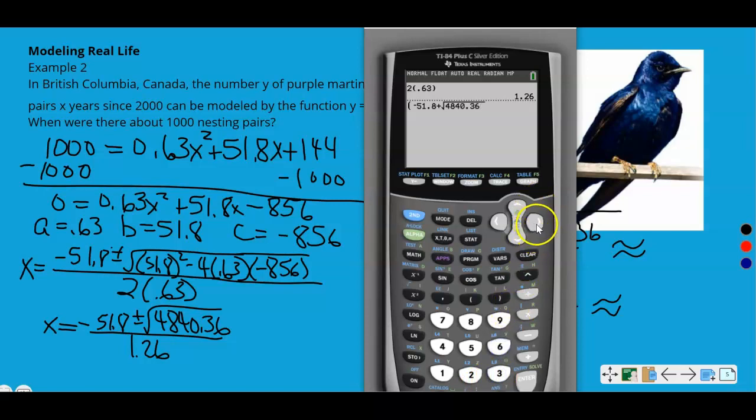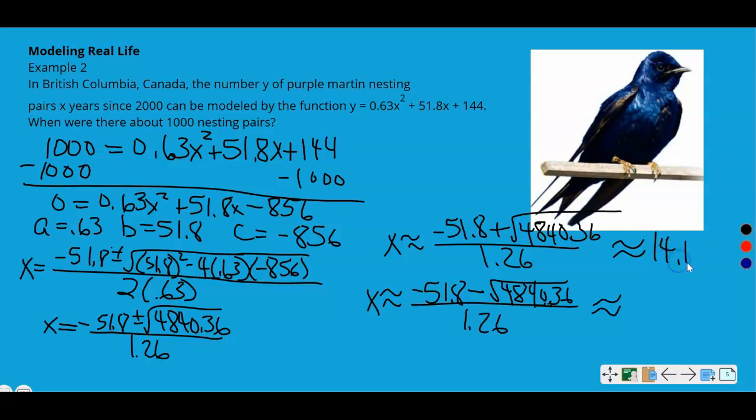Let's get out from underneath the square root. Close our parentheses so they know that's the top of our fraction. Then divide that by 1.26. And that's going to give us about 14.1. So this one's going to be about 14.1. And remember, that's years past 2000. So we'll come back to that in a second.